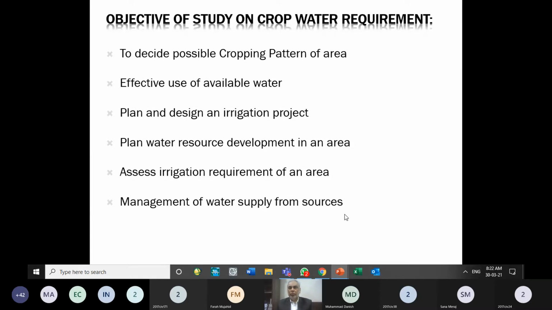Nowadays the latest methods are available, in which on a daily basis or real-time basis we can calculate the crop water requirement using remote sensing systems like satellites. They are looking at the crops and at the area.